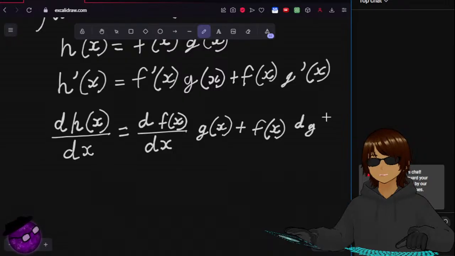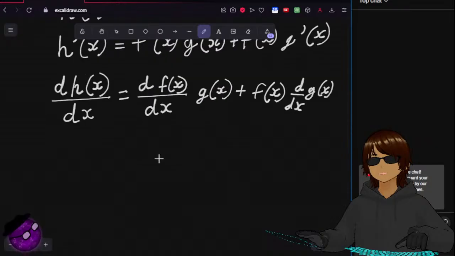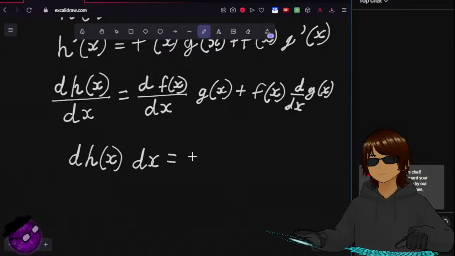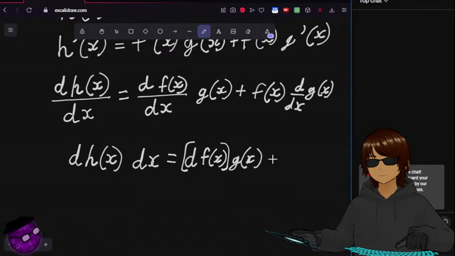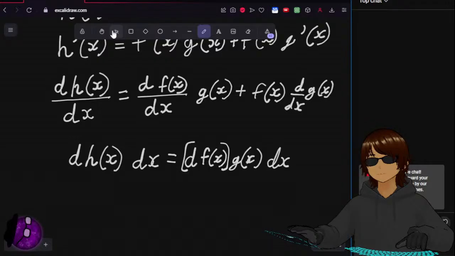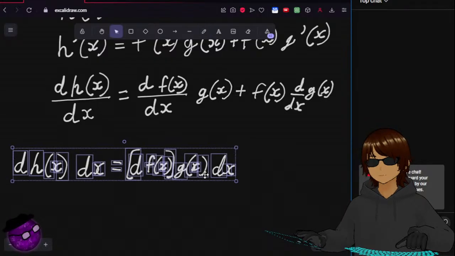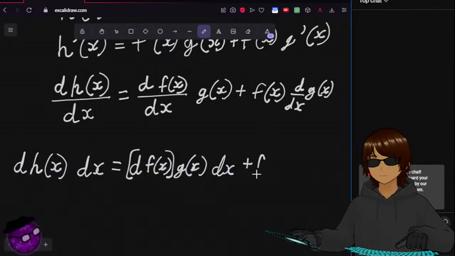Also there's one thing I want to ask. Can I just shift the D to the other side? I mean, we have been doing it too with DU. So, I mean like this. If I take dx out and put it here, dx out and put it here, I get like this. As dg of x dx.